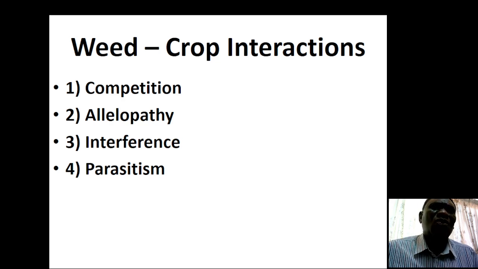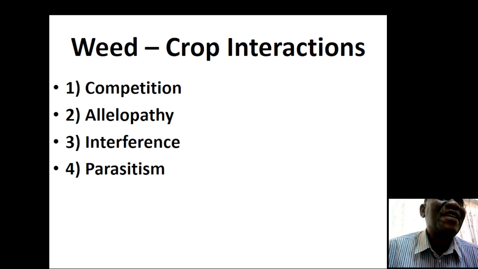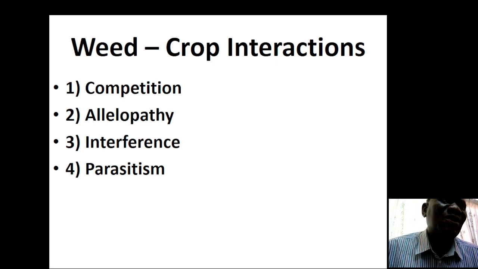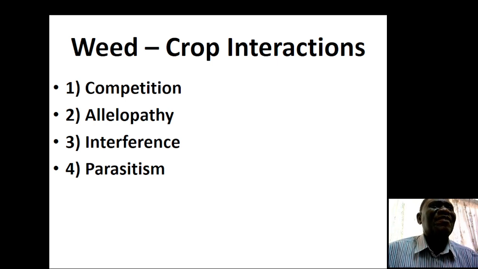So, how do weeds interfere with crops? There are various processes. First, weeds can actually compete for the limited resources. So we have competition, or weeds may actually produce some biochemicals which can negatively affect the crop. Here we are now talking of number 2, which is allelopathy.